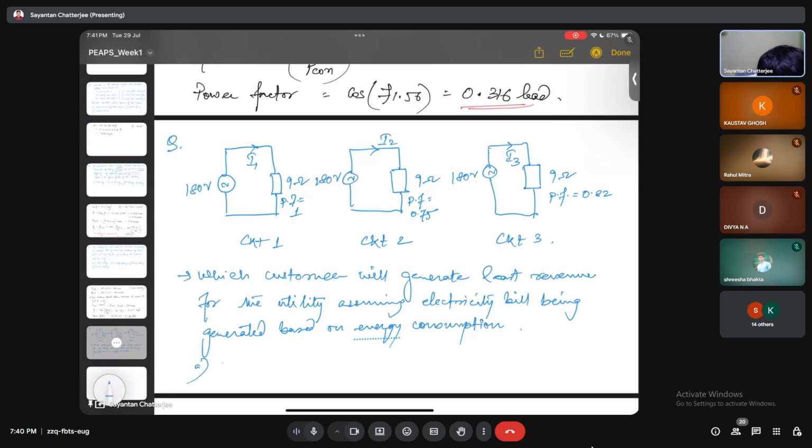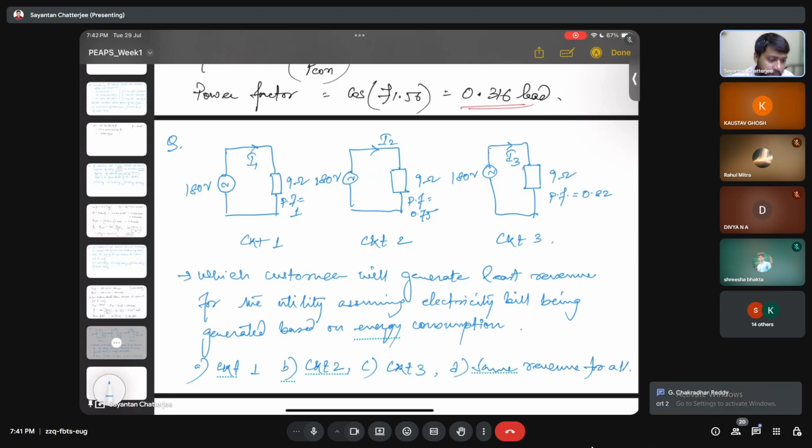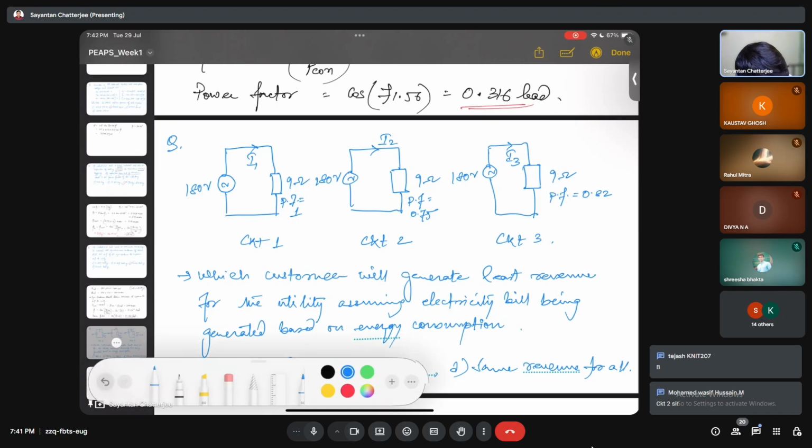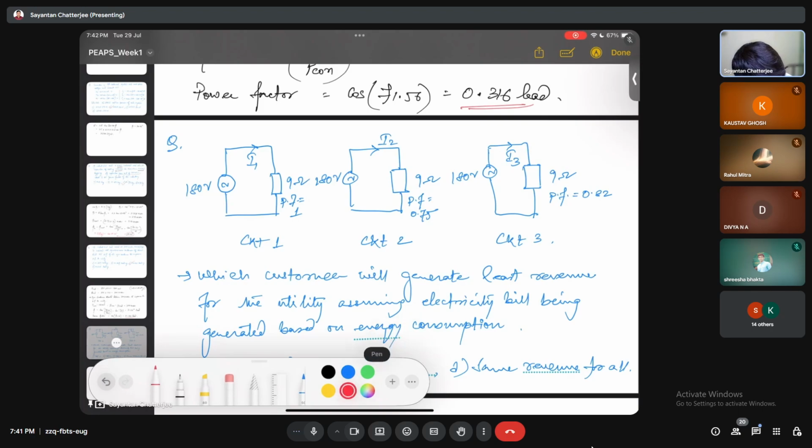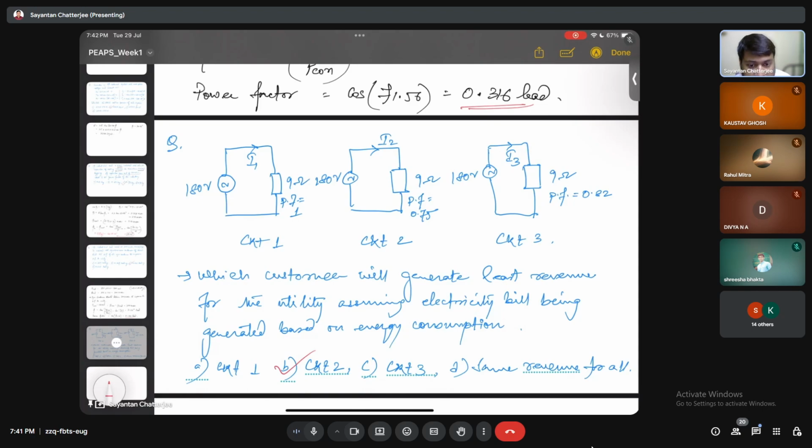Option A is circuit 1, B is circuit 2, C is circuit 3, and D is same revenue for all. Option B. Yes, option B is correct.